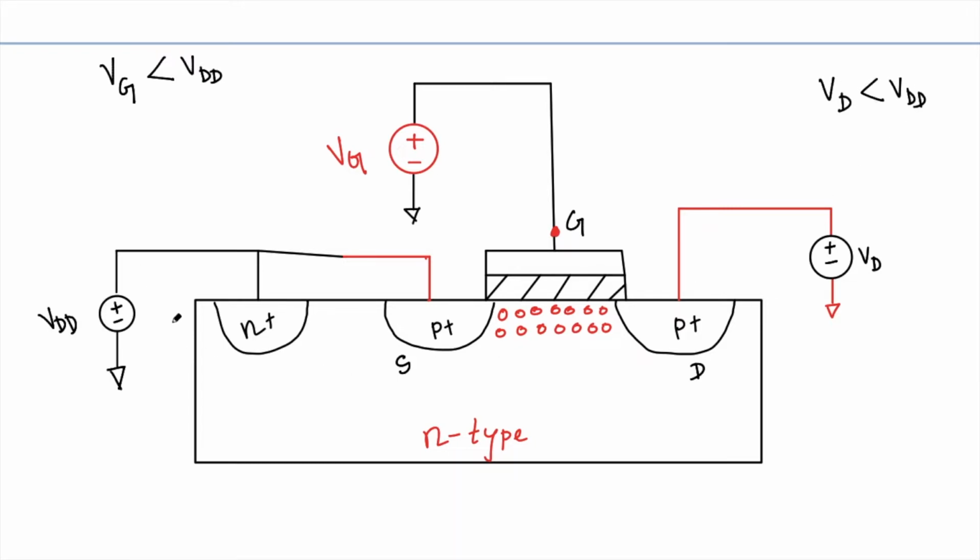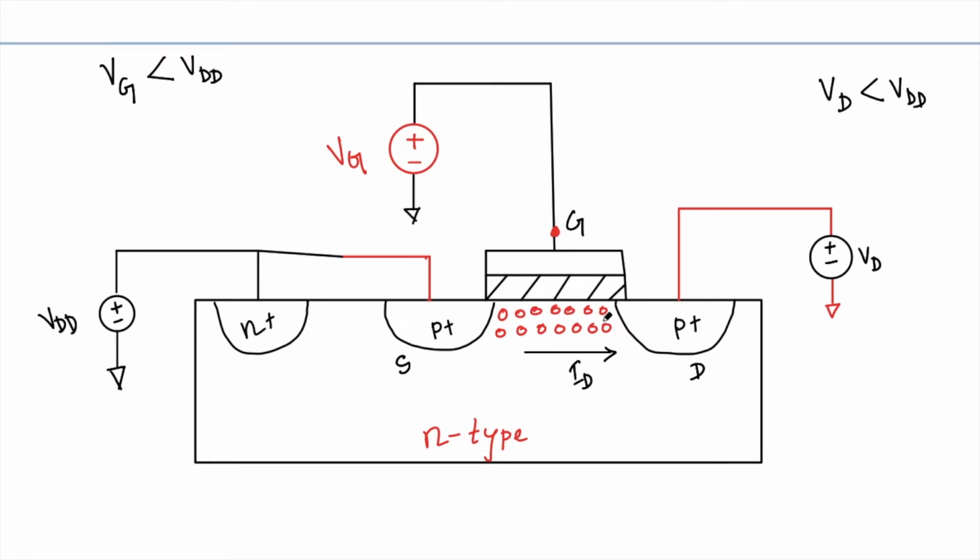So this is at high potential and this is at lower potential, and of course the direction of the current is from the source to the drain, ID. And of course this is acting as a source for all the carriers, right?